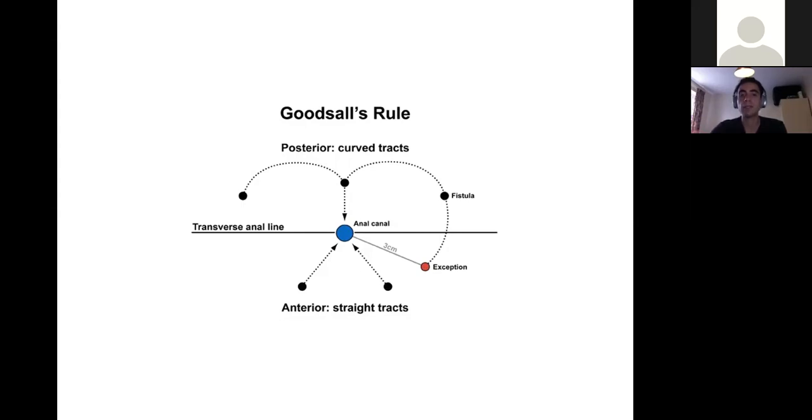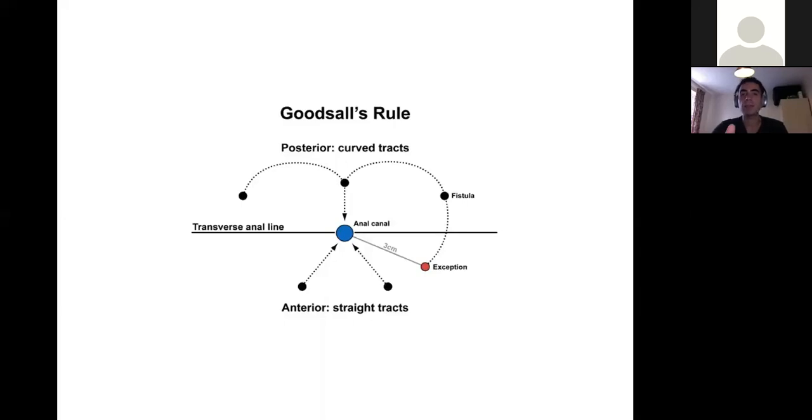The internal opening would be a straight line from the anterior part, where the external opening is, to the anal canal. That is the important exception to note, for if the external opening is less than 3 centimeters from the anal canal. We'll explain what happens in that exception in a bit.